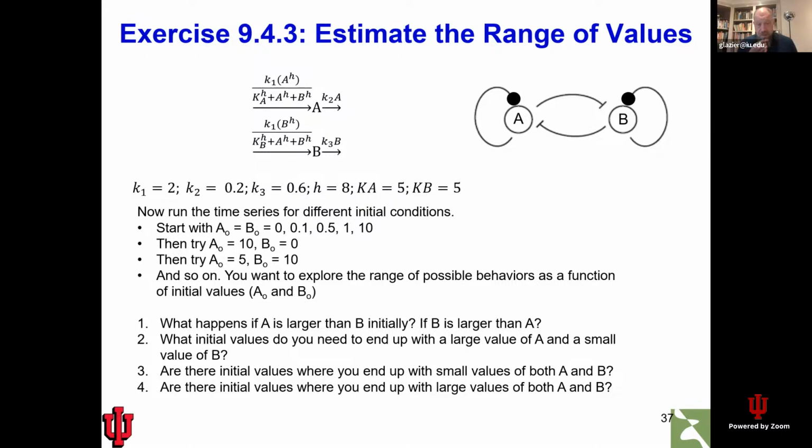I'm allowed to have A and B be as large as I want, but the typical values will be between 0 and 10. I have to be a little bit careful because when these decay coefficients are large, it'll pull down that value.